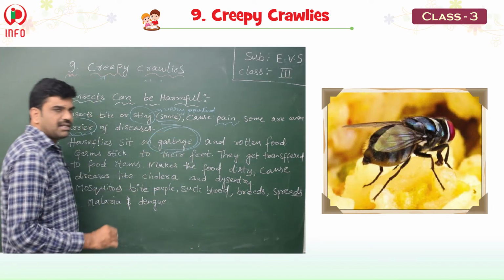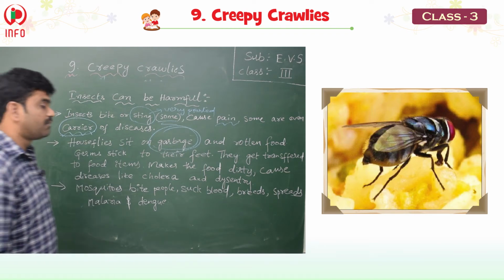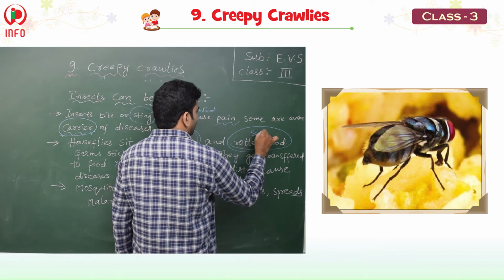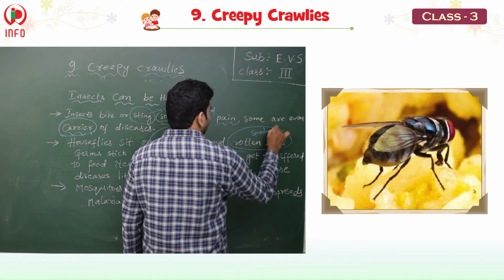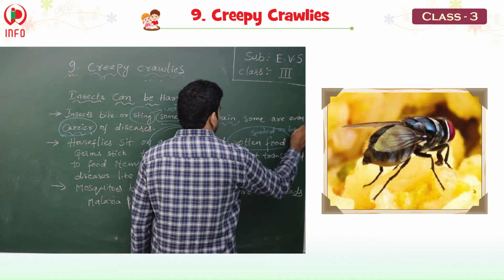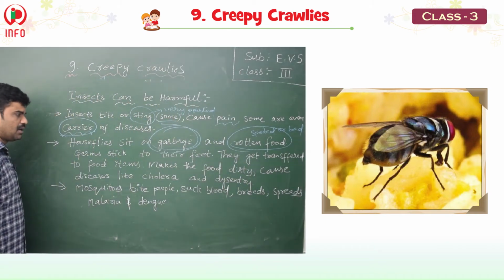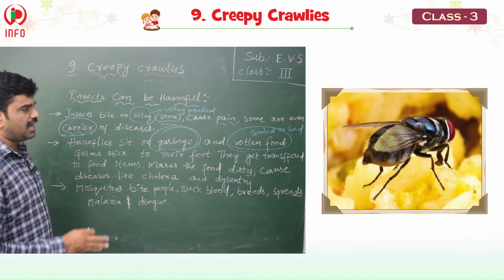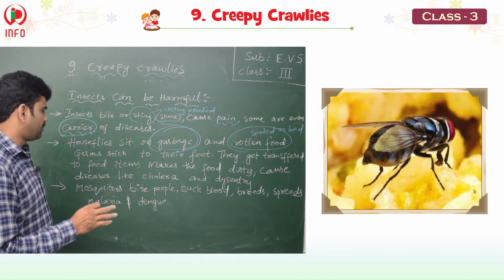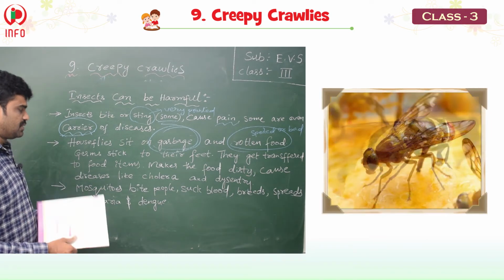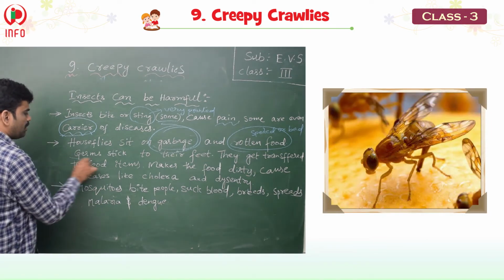And rotten food. Rotten is spoiled food or bad food. So once again I am telling, houseflies sit on the garbage and rotten food. Germs are microorganisms.